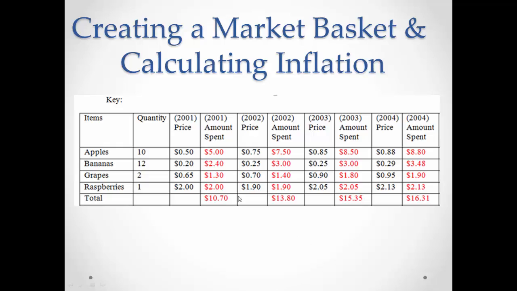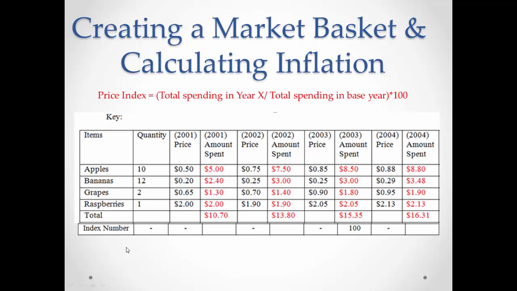Now that we have our totals, we're going to use this information to create our price index. So how do we create a price index? We're going to use a formula, which is total spending in year X. Year X means the year that we're interested in, the year that we're looking at, divided by total spending in the base year. The base year is always going to be given to you.